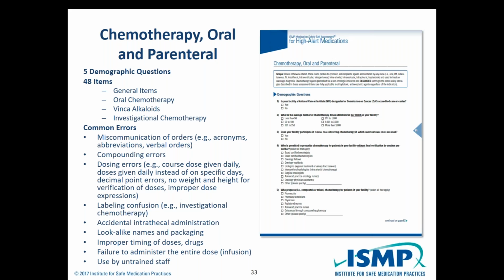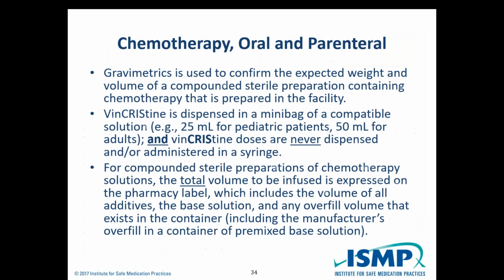But again, these are from errors we have received, and from many of the recommendations from our advisory board. They cover the miscommunication of orders, compounding errors, labeling confusion, the accidental intrathecal administration of vinca alkaloids, as we know with vincristine, lookalike names, and staff training.